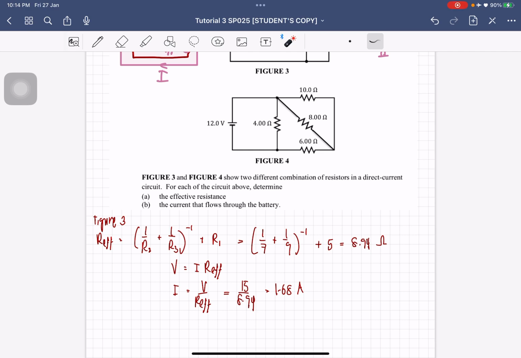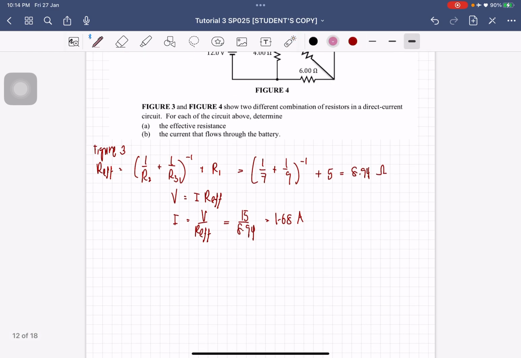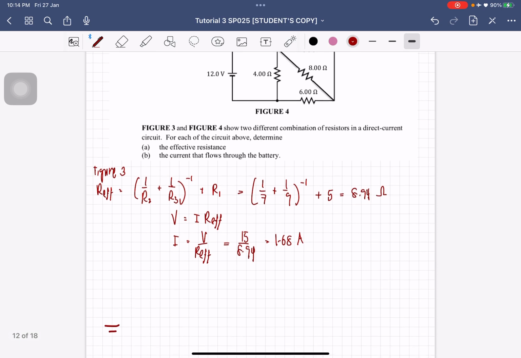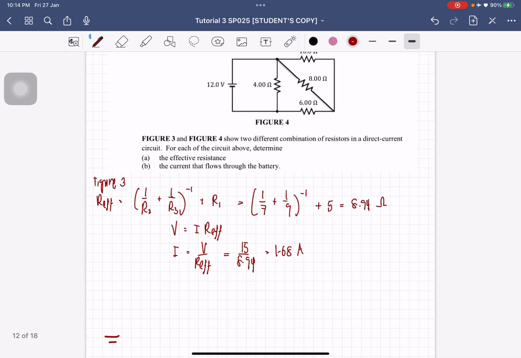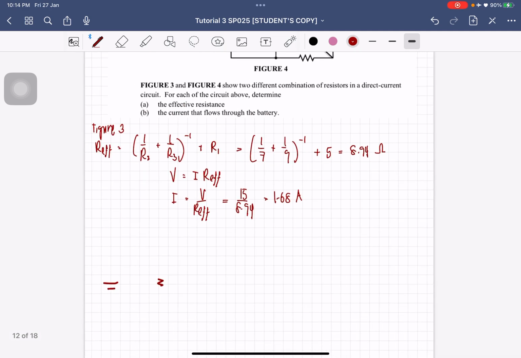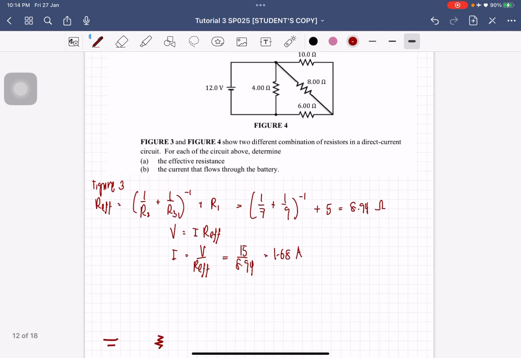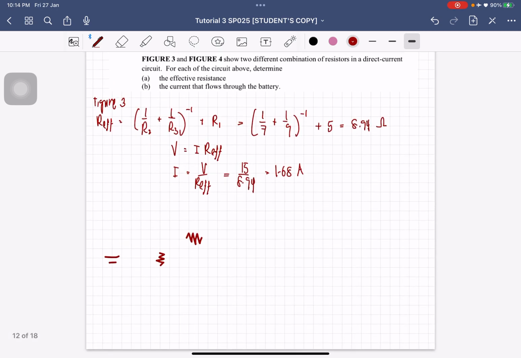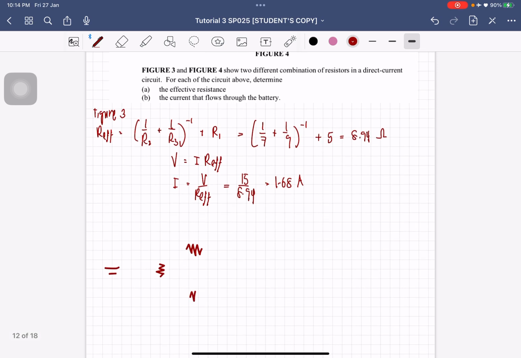All right, so how do we do this? We are going to do these two first. If we solve that, I'm just going to draw the circuit. So it's going to be this, and then after you simplify that, you will have here, and then here, as well as here.